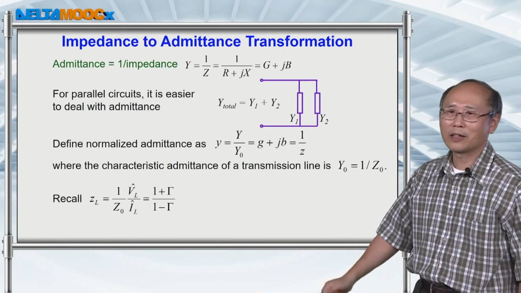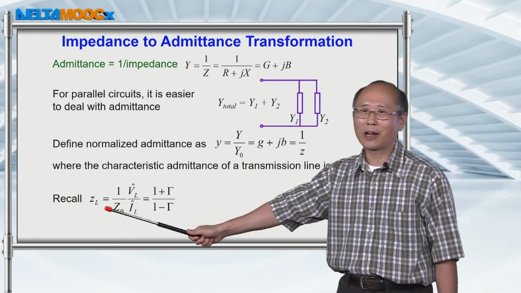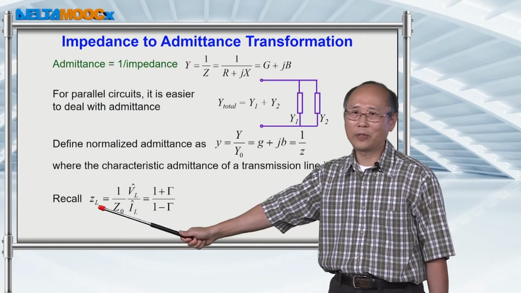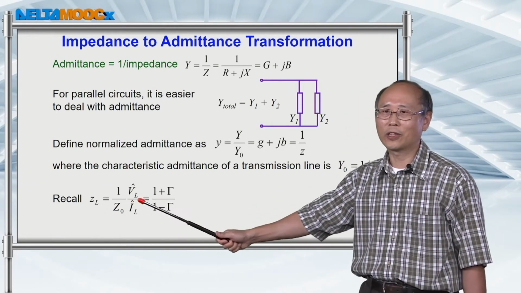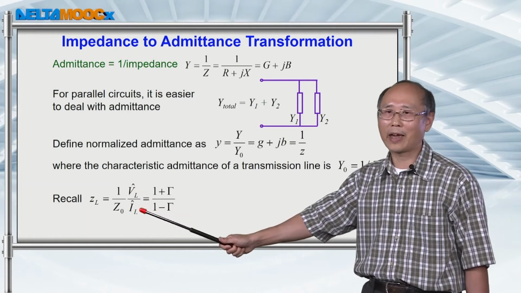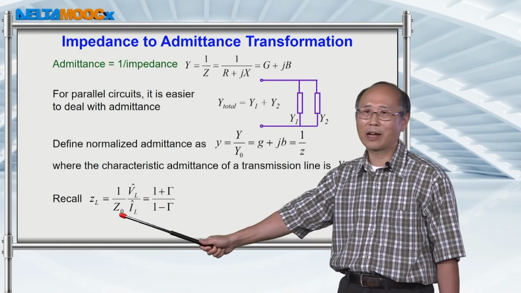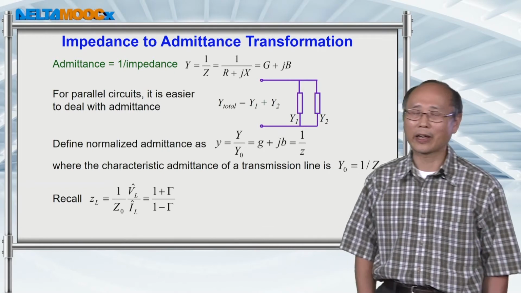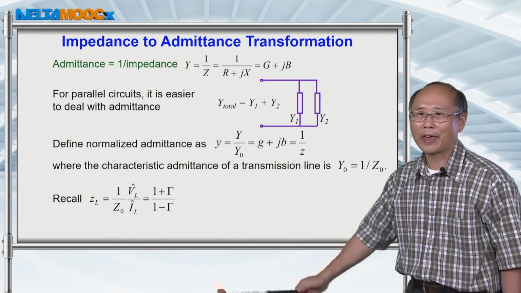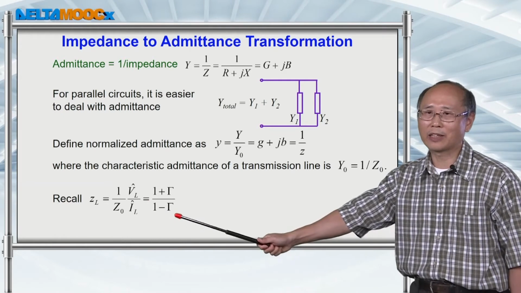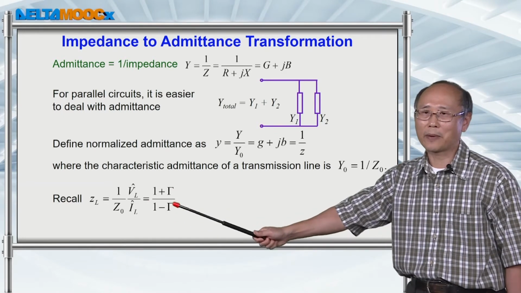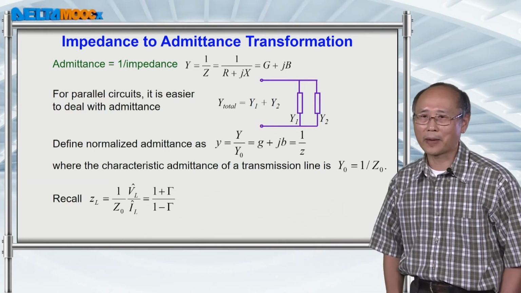If you still remember, the normalized load impedance is equal to the load impedance, which is VL divided by IL, and then divide the whole thing by the characteristic impedance. And this z_L, the normalized impedance, is given by this expression, 1 plus gamma divided by 1 minus gamma.